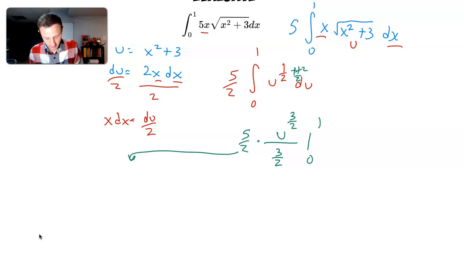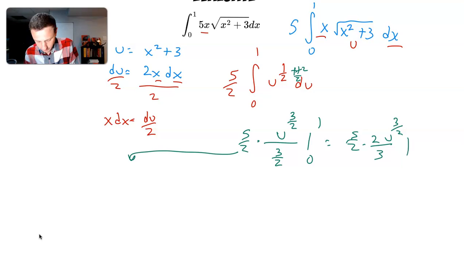I'll write it here because I don't want to skip too many steps. So we have 5/2 times 2/3 u to the 3/2 from 0 to 1. And then the 2's are going to cancel. So we're left with 5/3 u to the 3/2 from 0 to 1.